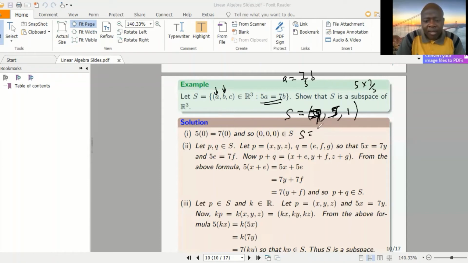The other example of a vector here would be, let me say, this is 10, then A will be 10 times 7 out of 5, which will be 14. So these are examples of vectors here. But this is not what we want, because we want to show it's a subspace, so we do not need these examples. But it's good for you to know what the vectors here will look like.